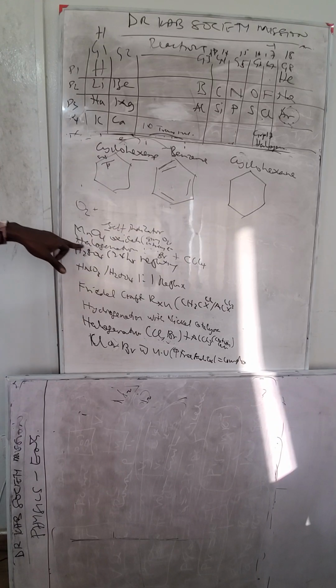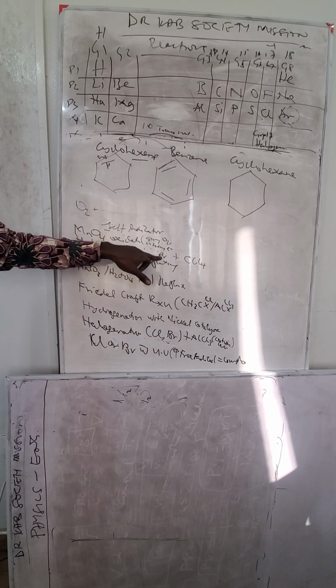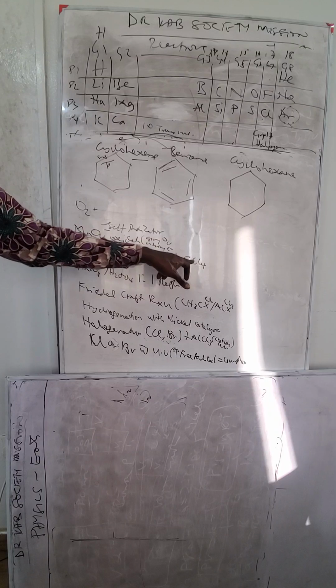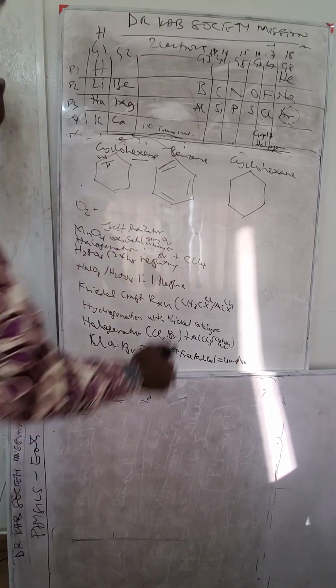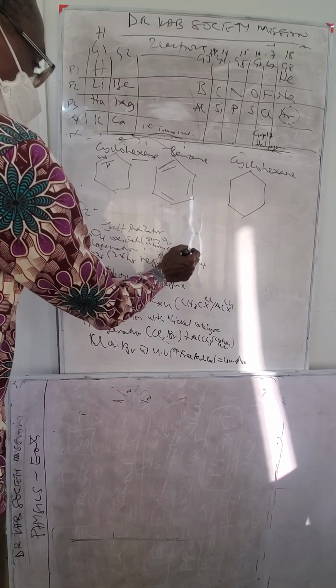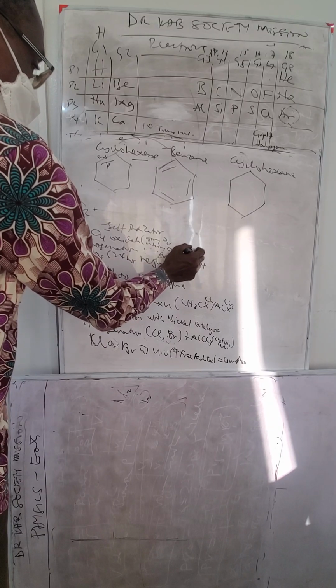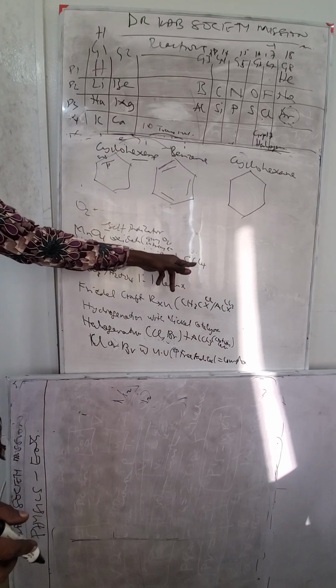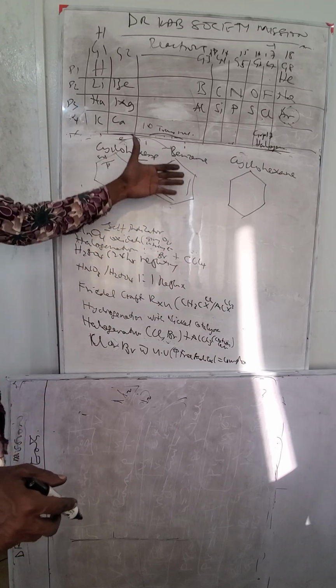Now let's come to the halogenation. Halogenation, that is using bromine and then tetrachloromethane. This tetrachloromethane is going to provide a lot of free radicals. Because we are going to have free radicals, we're going to have a lot of reactions.